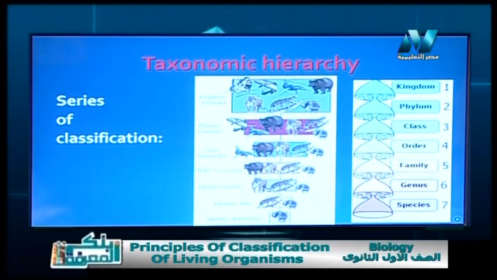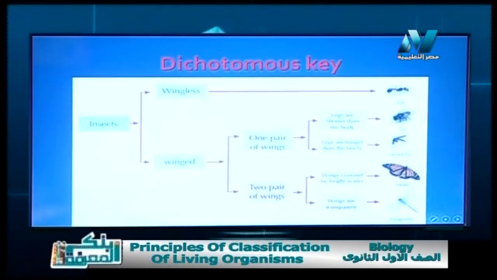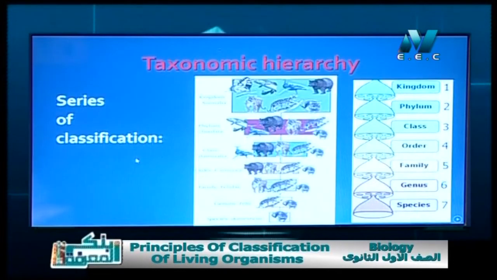So we reach the smallest unit or the smallest group of organisms in the classification hierarchy, which is called the species. So what is the species? The species is a group of individuals, as we said, that have similar characteristics and can reproduce together to produce fertile organisms.